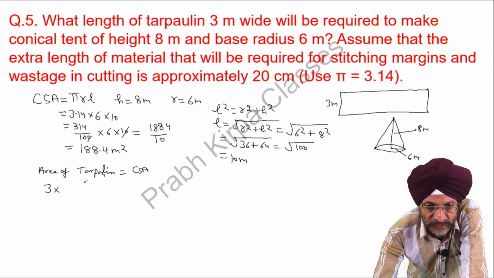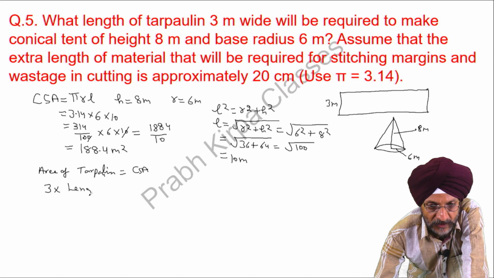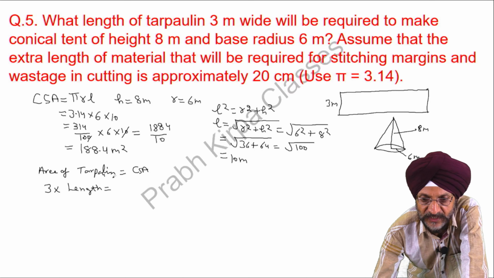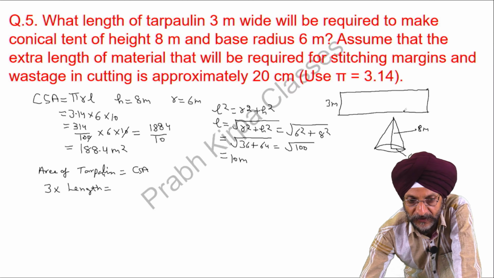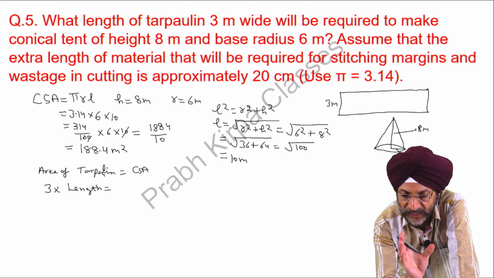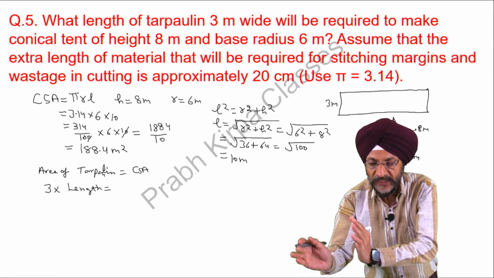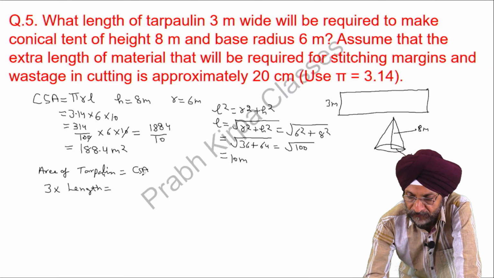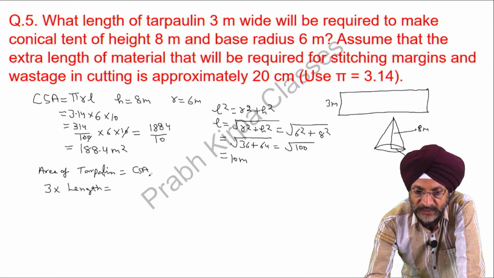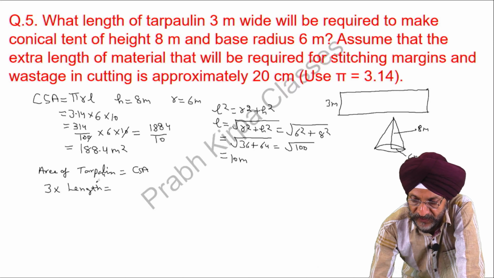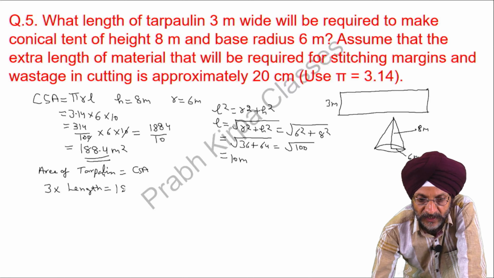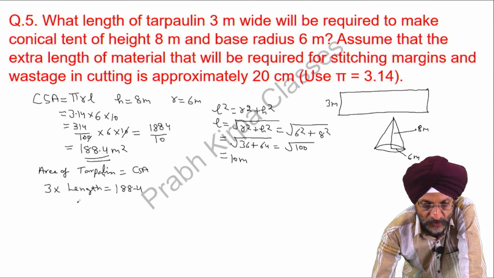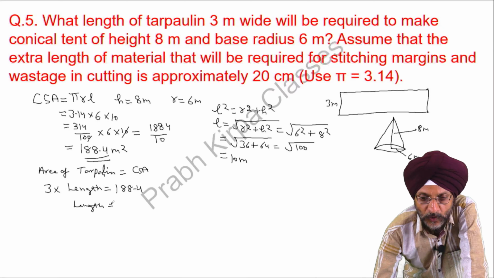We have to calculate the length. The tarpaulin is to be used for the area of the tent. Area of the tent is the curved surface area. What is the value of curved surface area? It is 188.4.